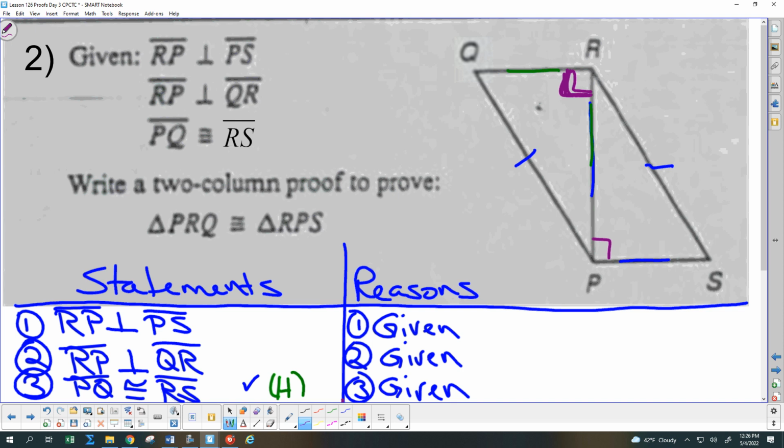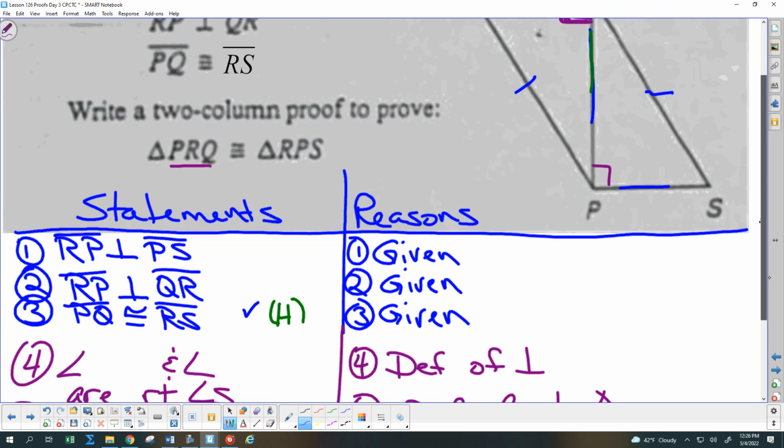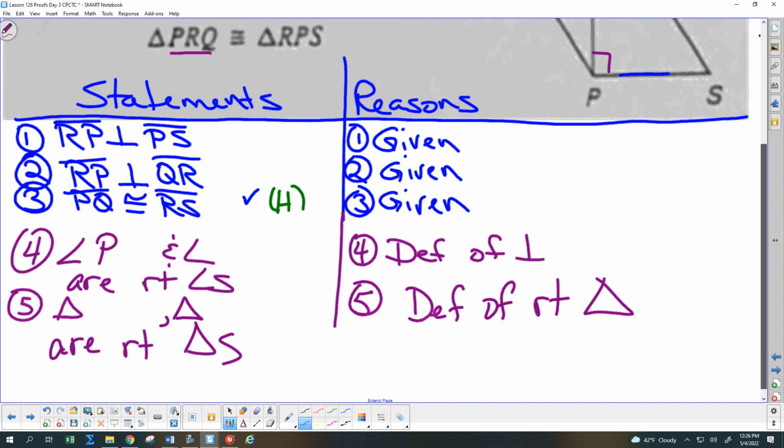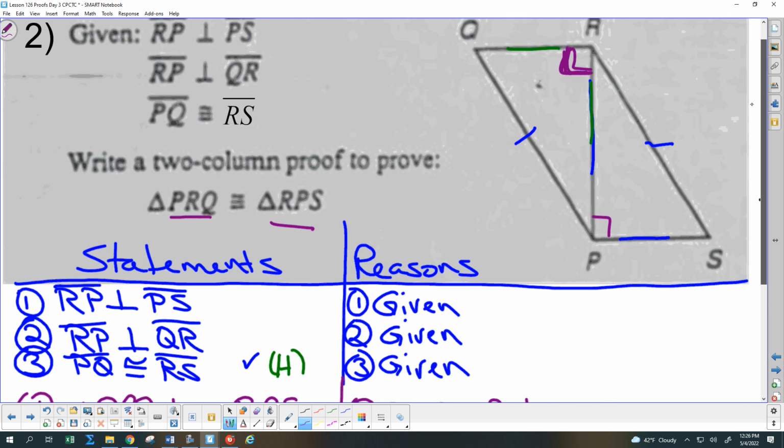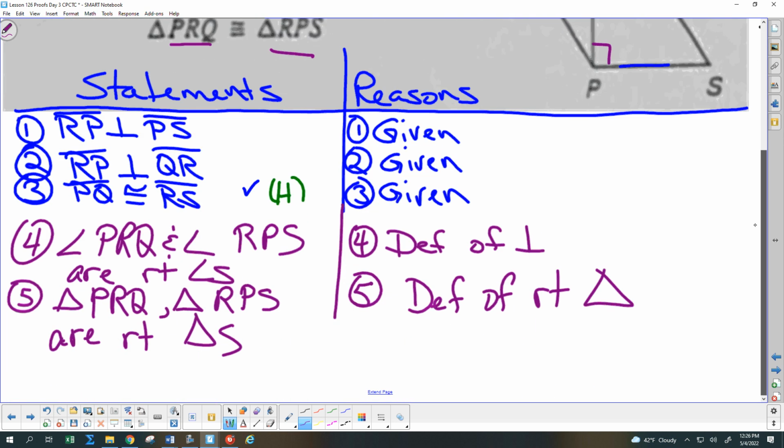So I'm just going to write it in this order, angle PRQ, which means I can also do triangle PRQ. And then the order better match, RPS, since that's also the way it was written here, and I'm going to check over here, is RPS my other right angle? So now I have in my proof that I have hypotenuses and I have right triangles.